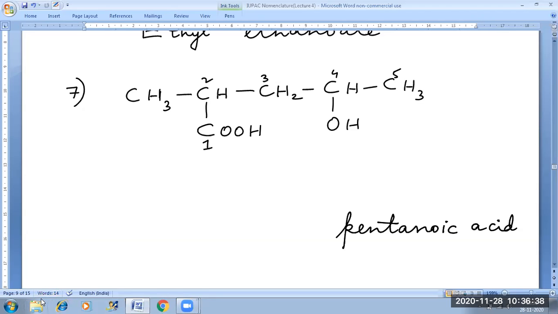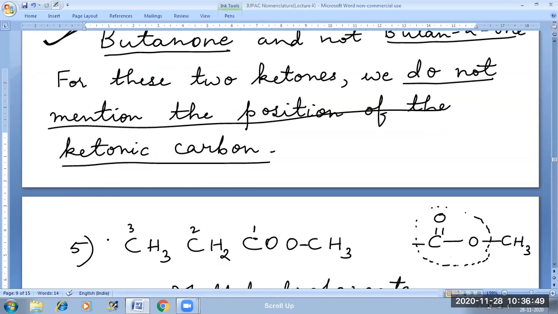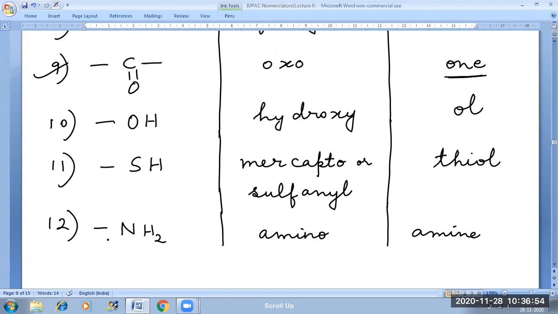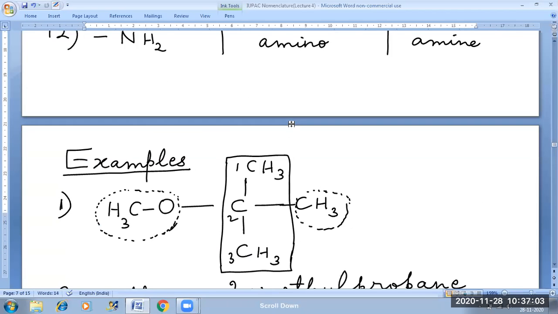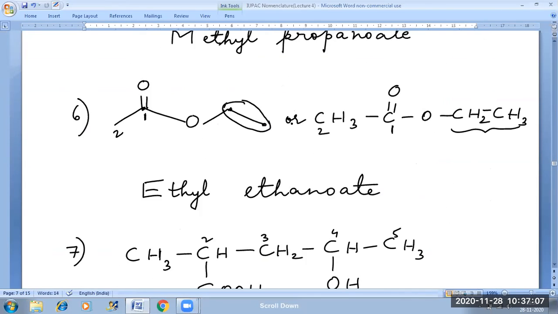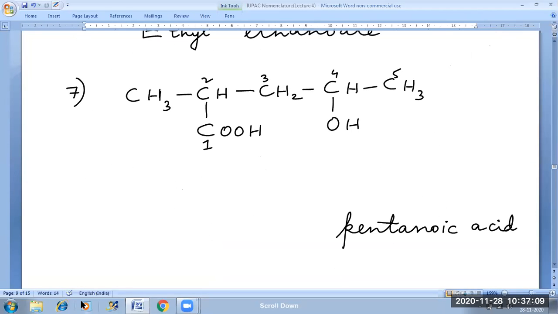That means for the other things, I'll have to use the prefix. For OH, I have to use the prefix, right? What is the prefix for OH? Good. The prefix for OH is hydroxy. So at the 4th position, I have hydroxy.